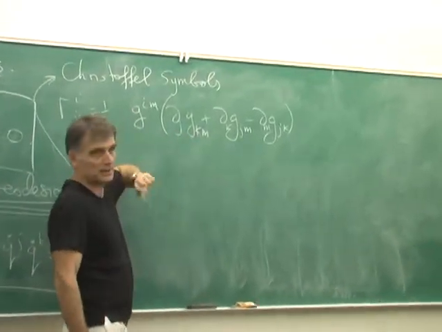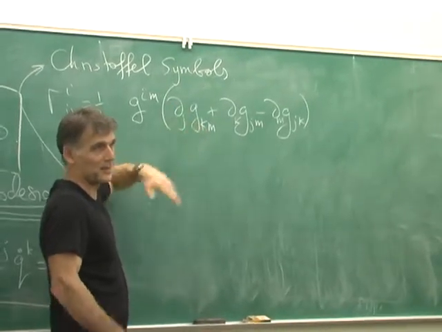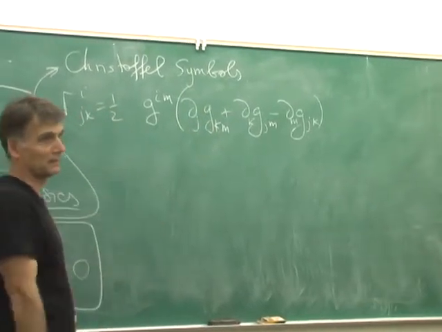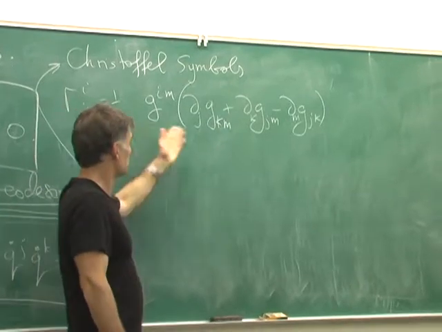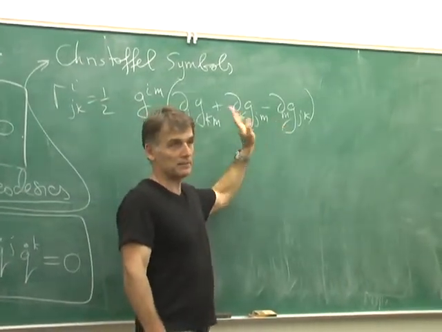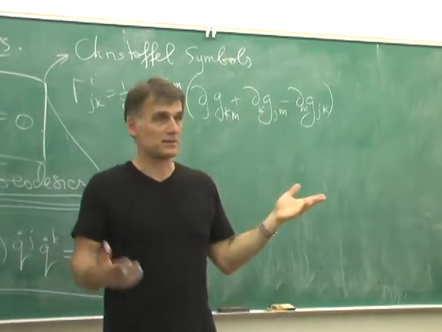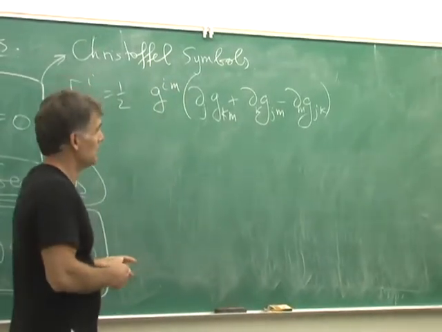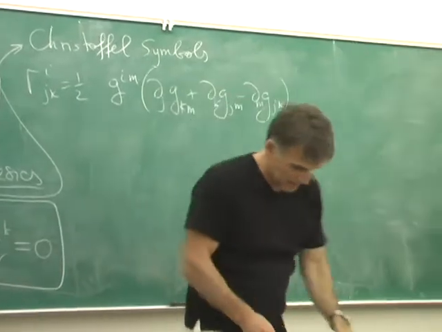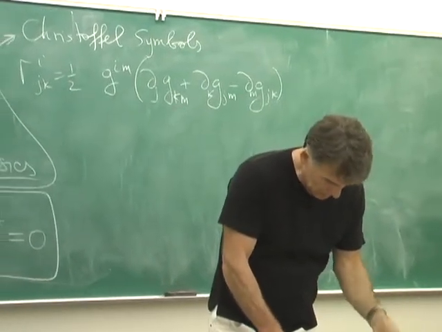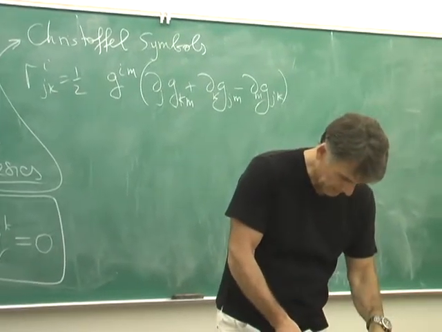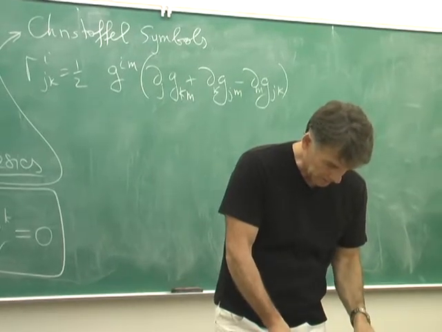You don't really need to pay that much attention to this, but you have to understand how this was derived. It is obtained by taking the first derivatives of the metric. So if the metric is constant, this is just 0. Okay, so these are one-dimensional variational problems.